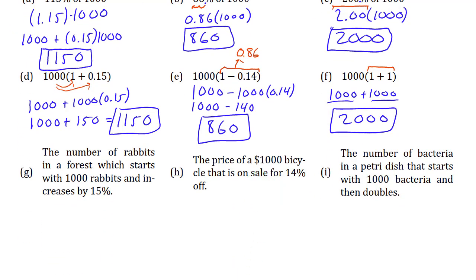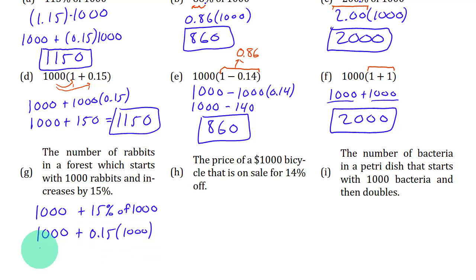All right, now let's look at these things in a word problem sort of way. So the number of rabbits in a forest, which starts with 1,000 rabbits and then increases by 15%. So if it increases by 15%, you still have the original 1,000 rabbits. But then there's also going to be plus another 15% of 1,000 rabbits. So how is this going to work out? Well, 15% of 1,000 we can get by doing 0.15 times 1,000, and that's going to be 150.